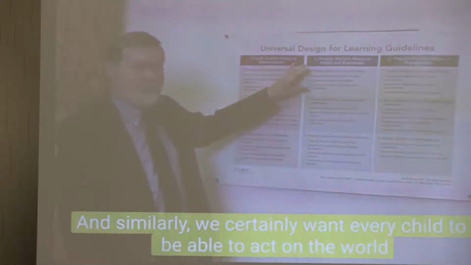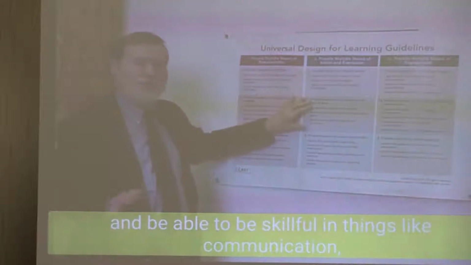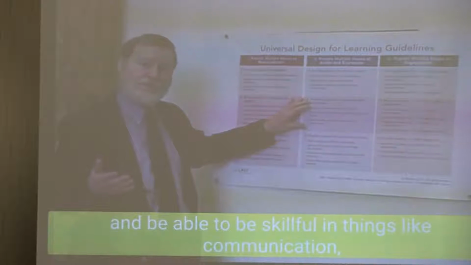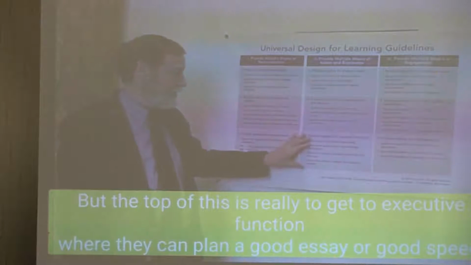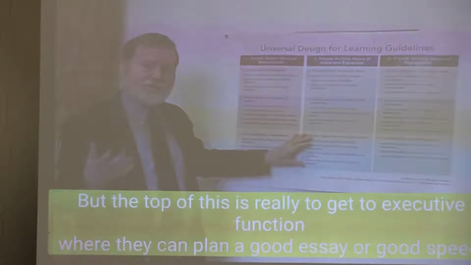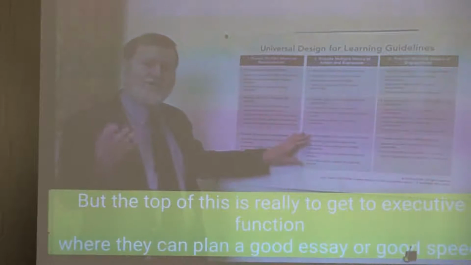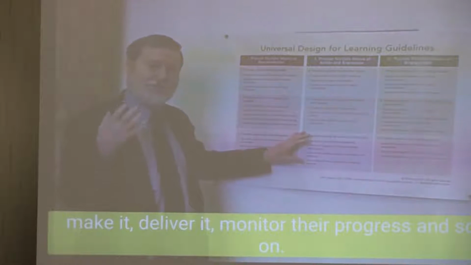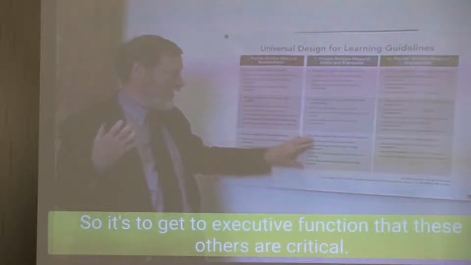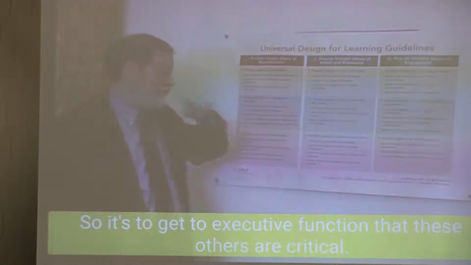And similarly, we certainly want every child to be able to act on the world, and to be skillful in things like communication, be able to write and speak and so forth. But the top of this is really to get to executive functions where they can plan a good essay or a good speech, make it, deliver it, monitor their progress, and so on. So it's to get to executive functions that these others are critical.